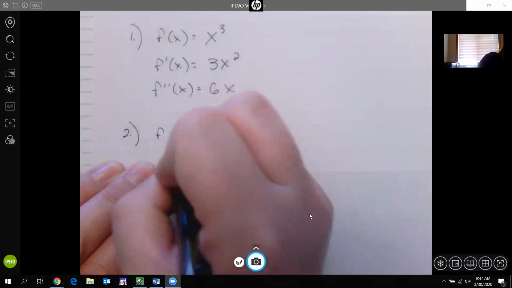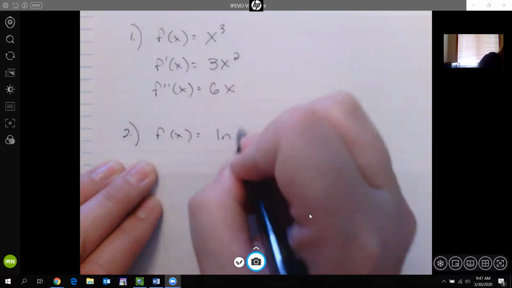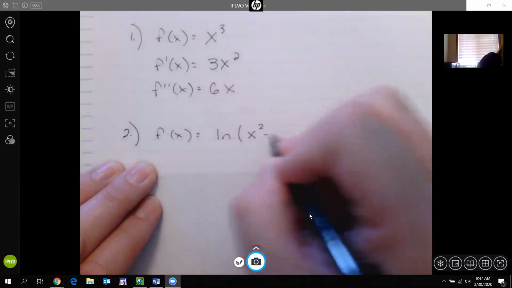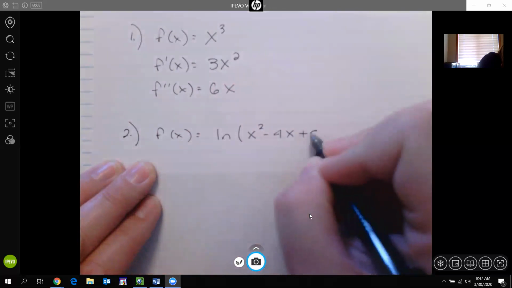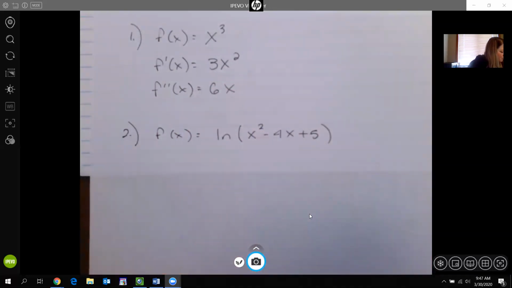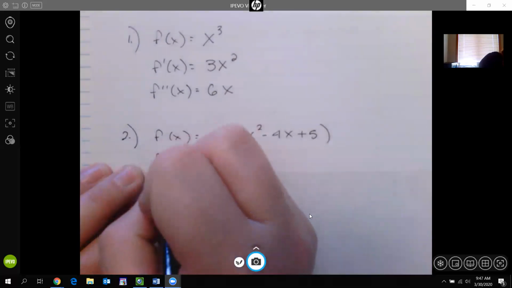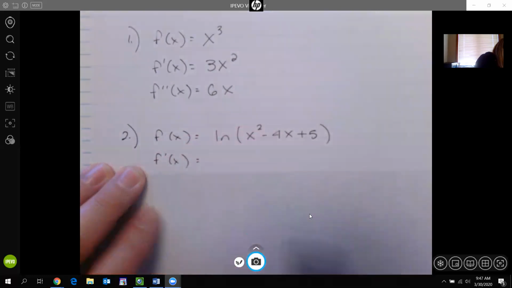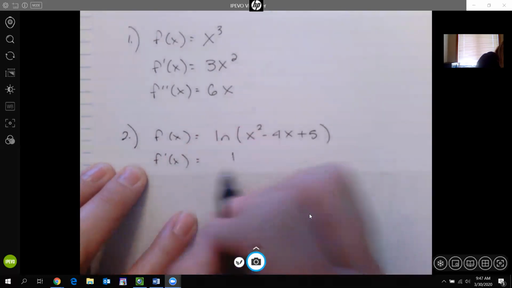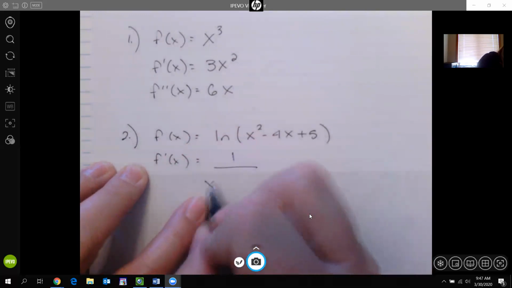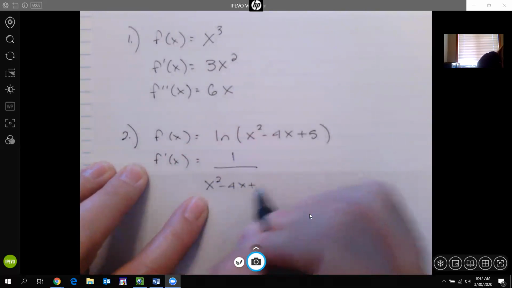What if I just want to do the second derivative of this one, just for practice? What if my f of x is equal to the natural log of x squared minus 4x plus 5? What's the first derivative of this ugly thing? This x squared minus 4x plus 5 is inside of a natural log, so we have to use the chain rule. The original derivative is going to be 1 over x, but instead of x, we do 1 over all of our original inside part.